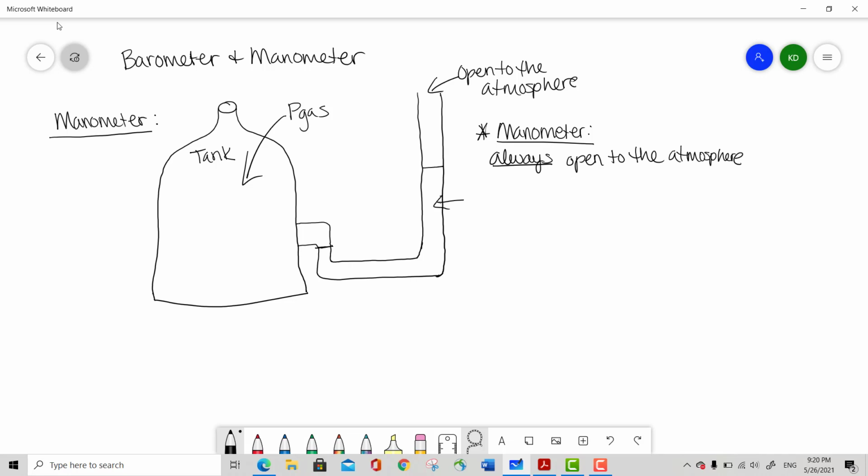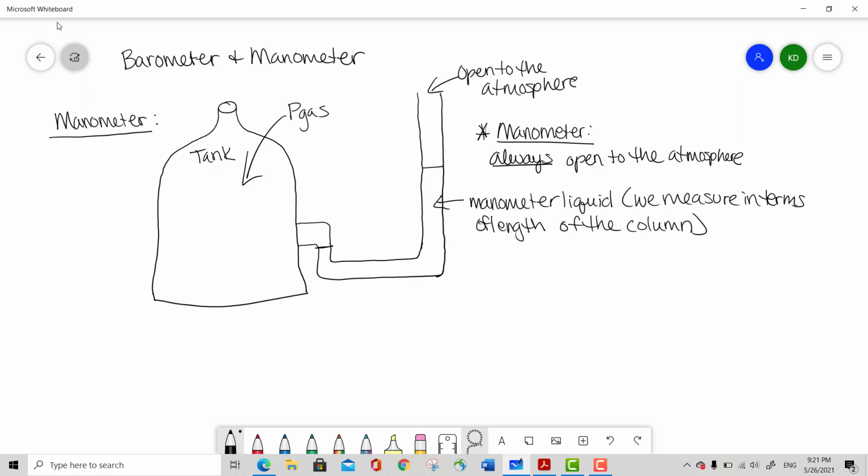Okay, so the manometer liquid, we measure in terms of length of the column.